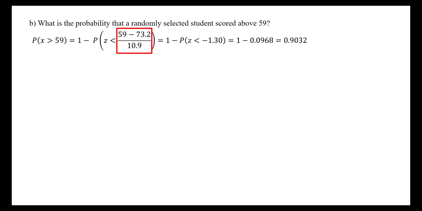But this time around, we want the area above that point, but the table will give us the area below it, or the area to the left. So we would have to use the complement rule. So once we find the area below that point, the z-score value of negative 1.3, we subtract that area from 1 to be able to get the area above, which we're interested in.